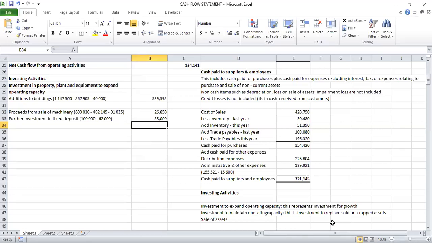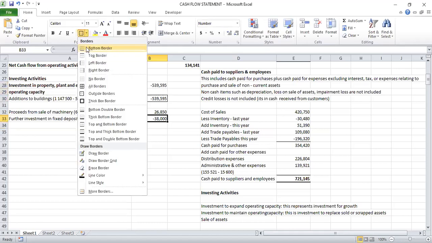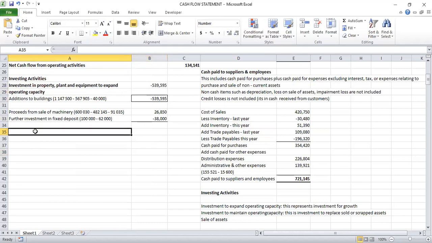Right. So these are our... normally this one here we have to show the total of the investment in expanding, because the company would need to know how much did we spend in expanding and how much did we spend in replacement. Right. Then we get our net cash outflow from investing activities.